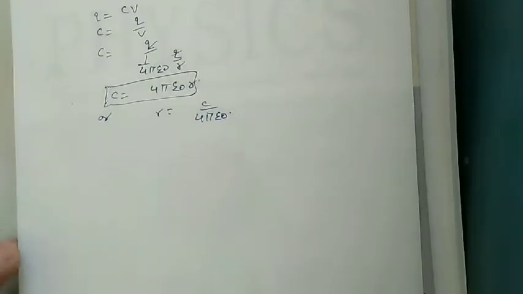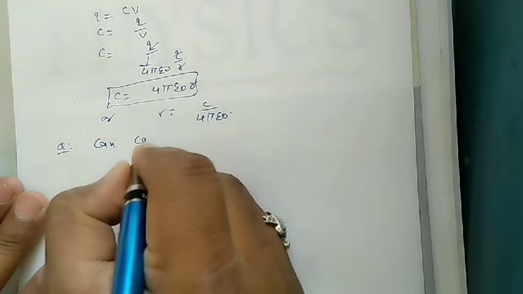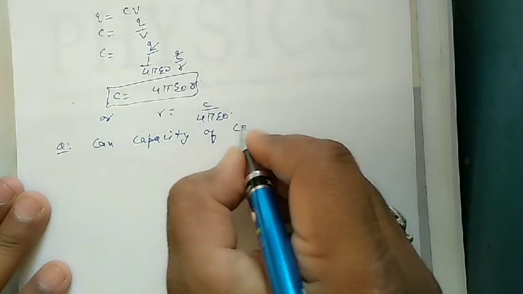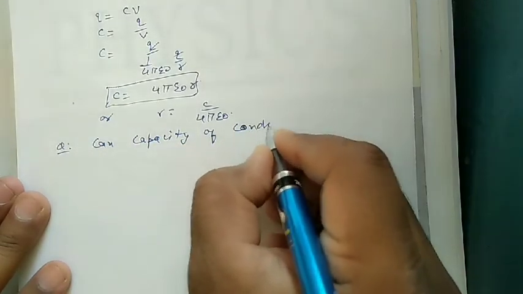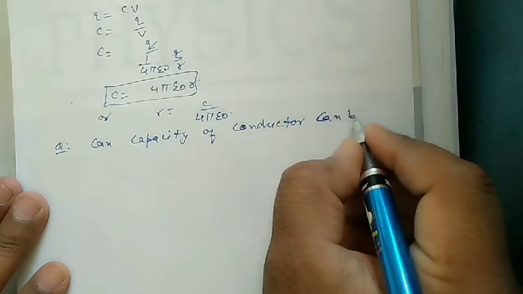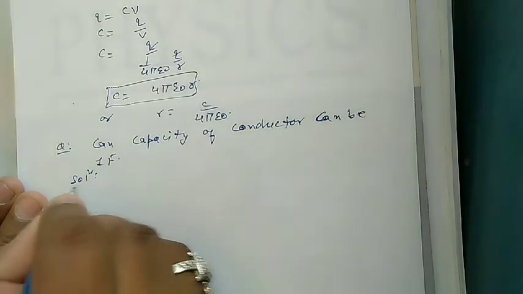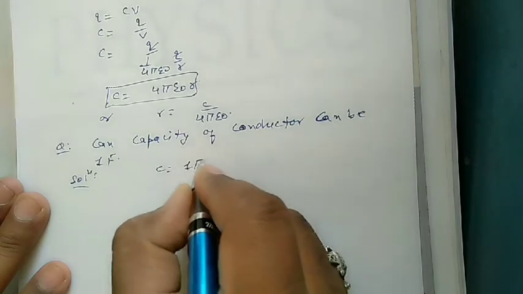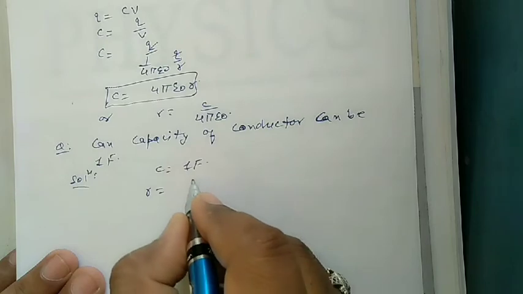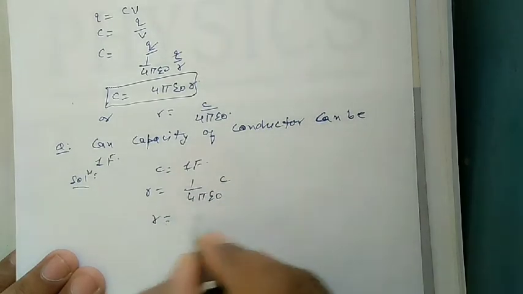Now we can discuss one question. Can capacity of a conductor be 1 farad? Capacitance is given 1 farad. Now to find the radius, 1 by 4 pi epsilon 0 into C. C is 1.